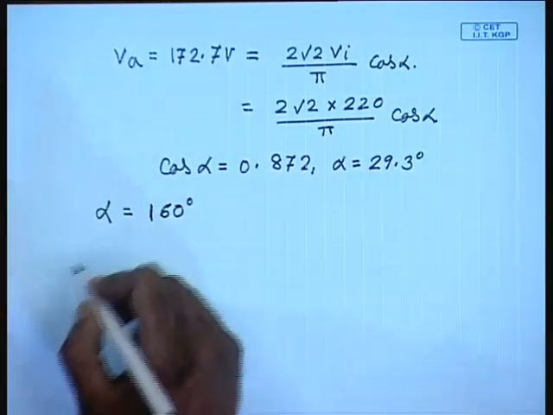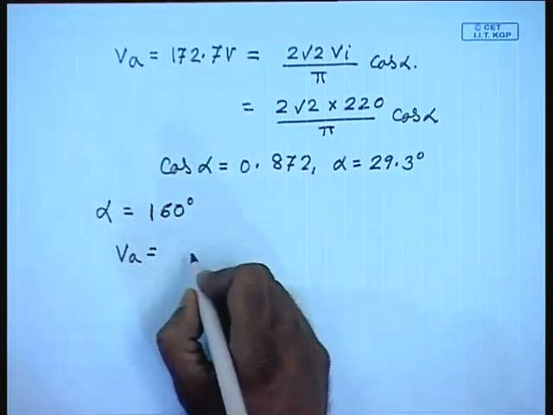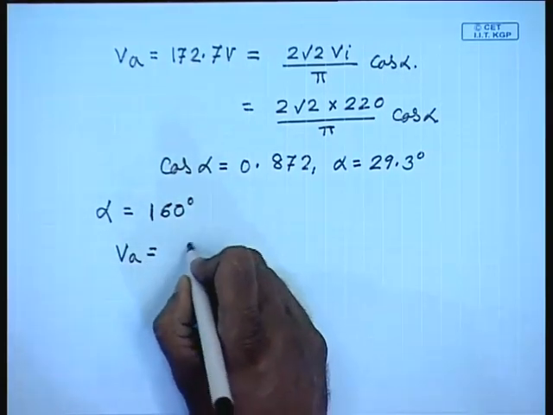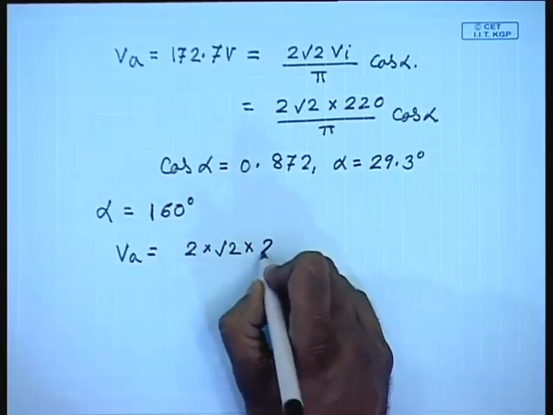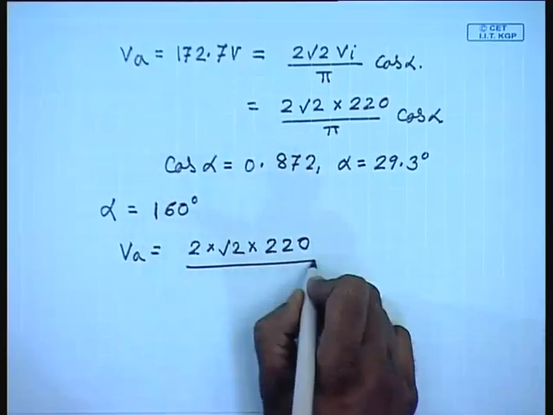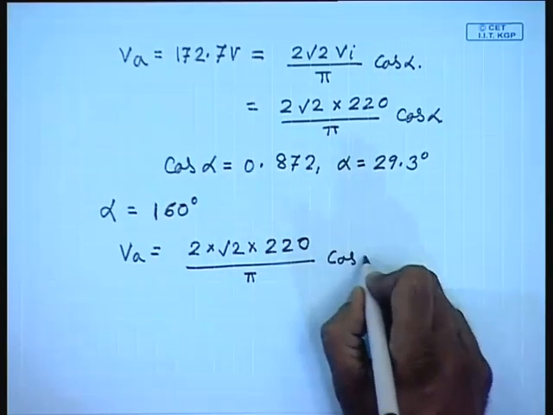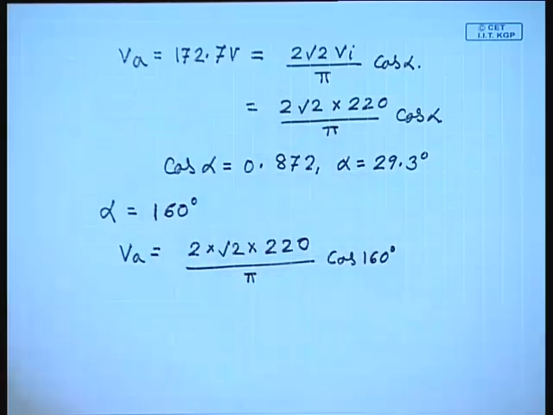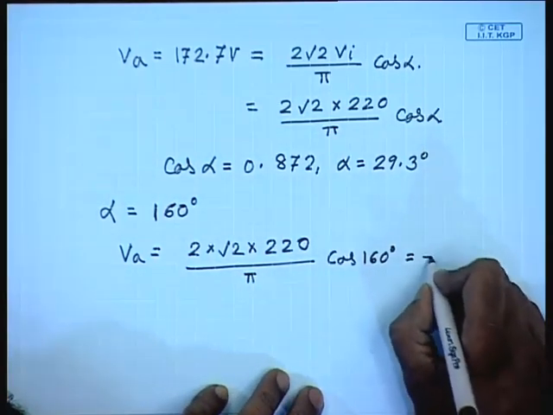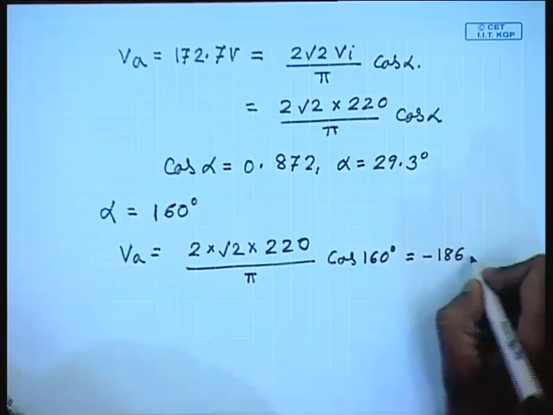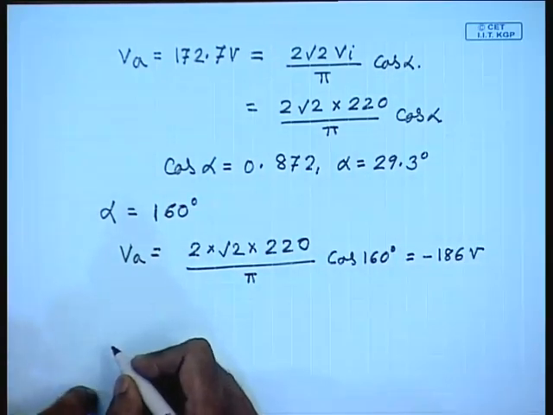At alpha equal to 160, VA equal to 2 into root 2 into 220 by pi cos 160 degree. This comes to minus 186 volts.